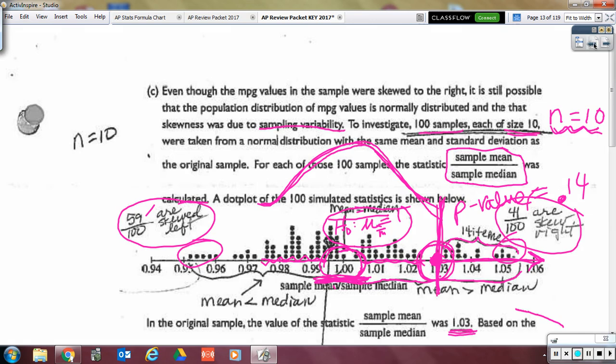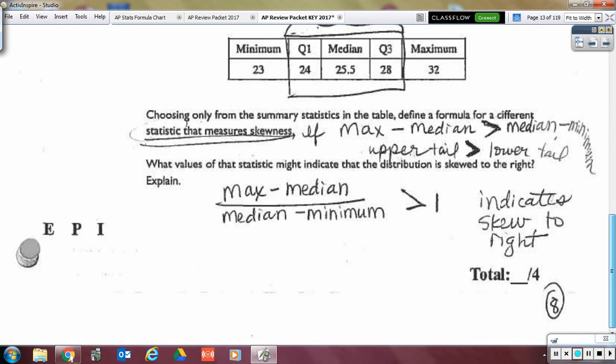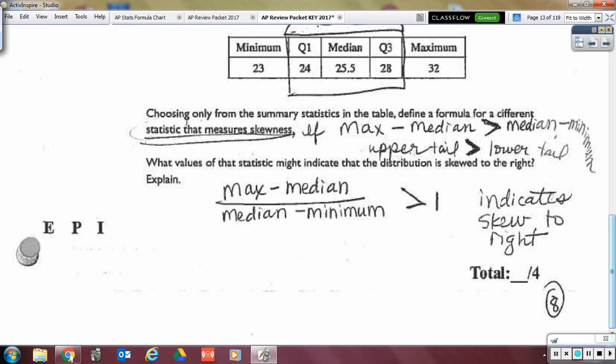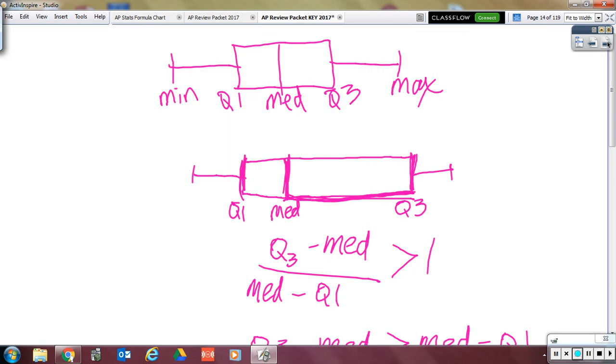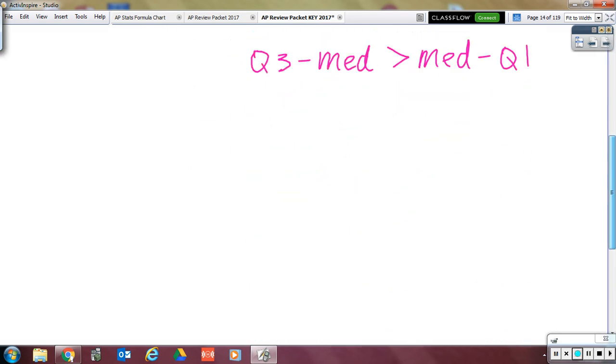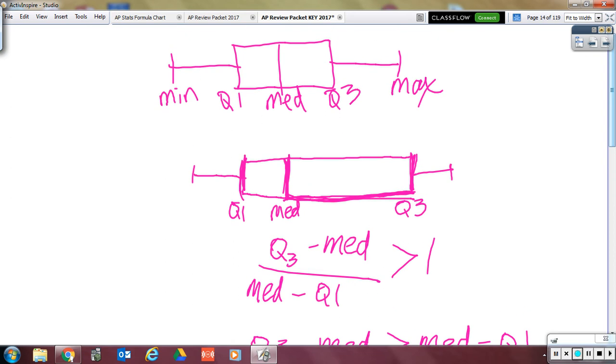Did it tell me to do a ratio? It just said define a formula. See, that's kind of why I originally did that. Anyway, I would have to be an AP grader to know if they accepted leaving it in that format. Okay, what's another way a box plot might look skewed to the right?